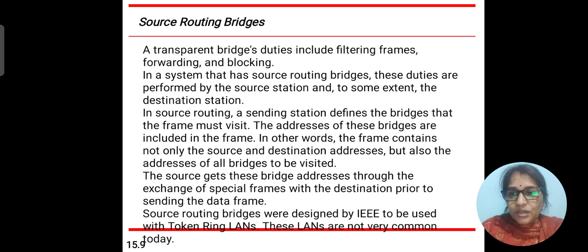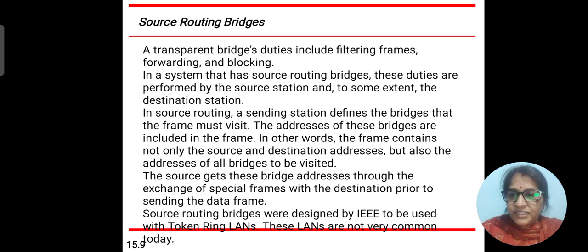In source routing, a sending station defines the bridges that the frame must visit. The addresses of these bridges are included in the frame.